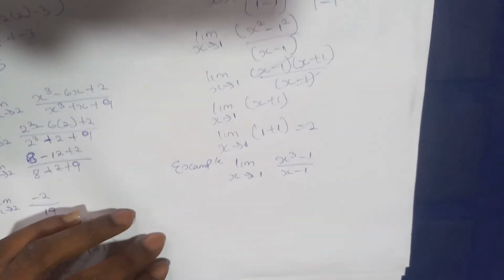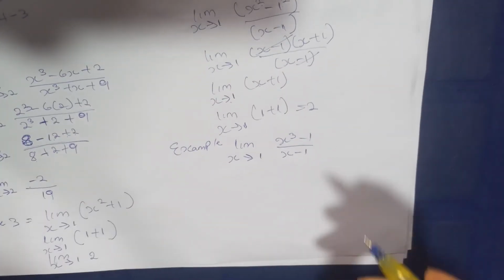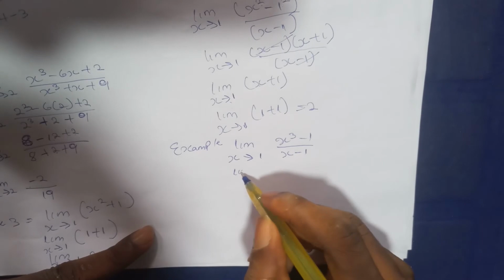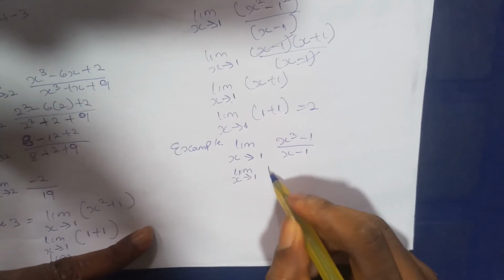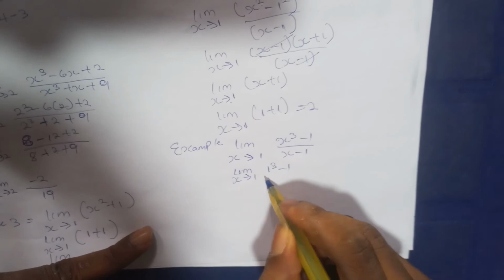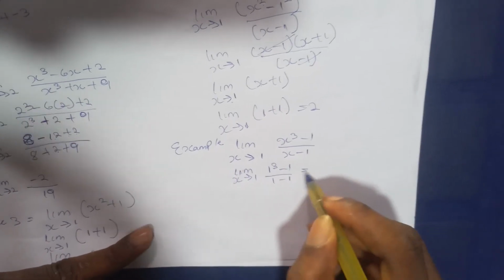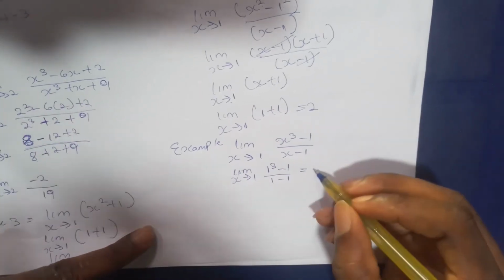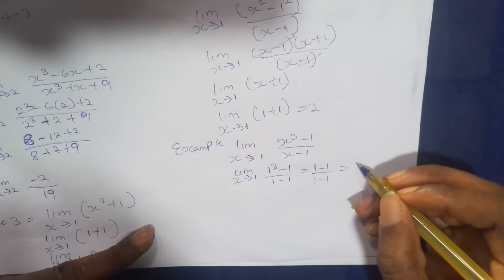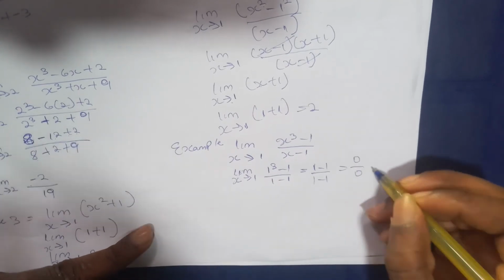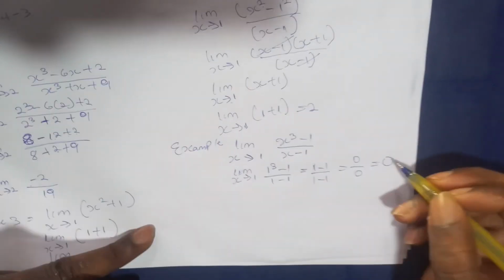Now, if we use direct substitution, it will give us 0, let's try. Lim x approaches 1, 1 cubed minus 1 divided by 1 minus 1, and 1 cubed is still 1, so 1 minus 1 over 1 minus 1, which gives us 0 divided by 0, also 0.